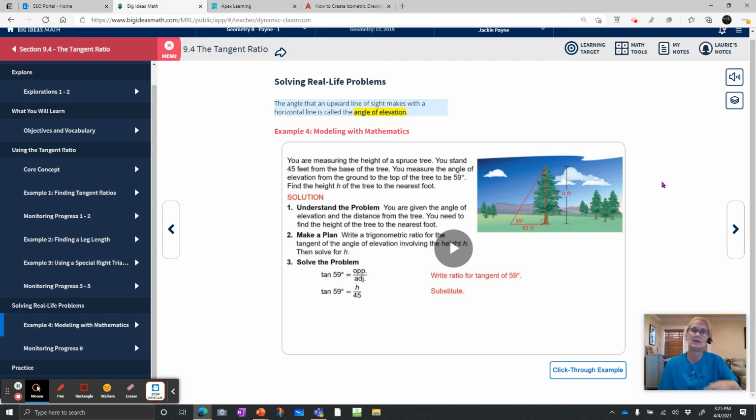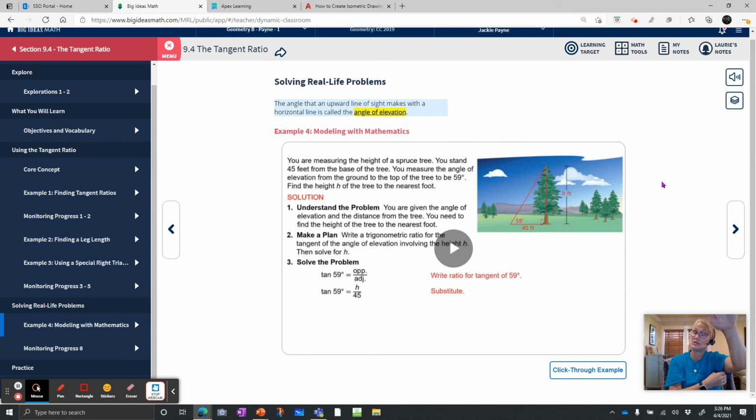The other angle that we can talk about is the angle of depression. So say you're on the top of a building and you're looking down. Your horizon goes directly out, straight ahead of you. If you're looking down at somebody, then the angle between your straight horizon and down toward wherever you're looking is called the angle of depression.